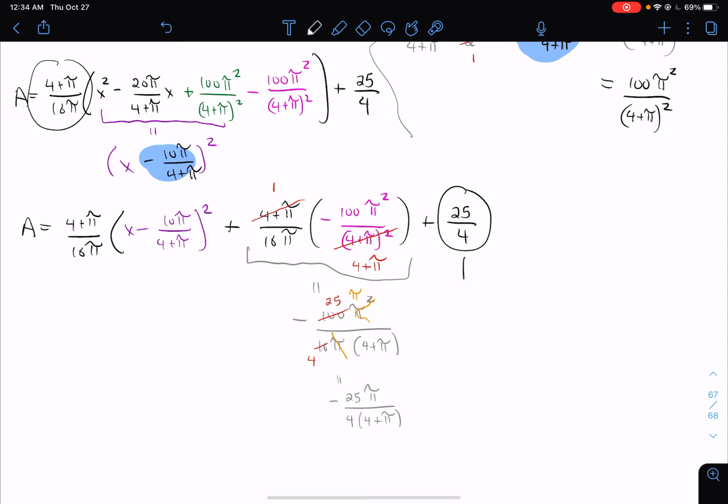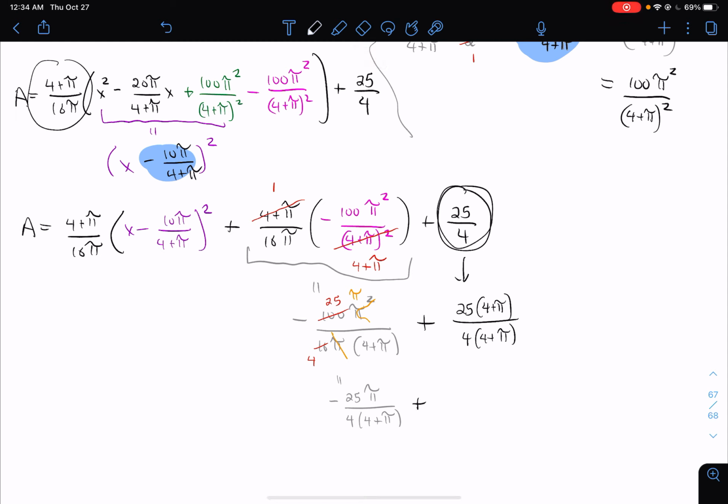I'll have to multiply this 25 over 4, top and bottom, by this 4 plus pi. So that'll give me 25 multiplied by 4 plus pi, and then over the 4 multiplied by 4 plus pi. So I'm multiplying the top and the bottom by 4 plus pi. Okay, and there's the plus sign. So this is going to get added.